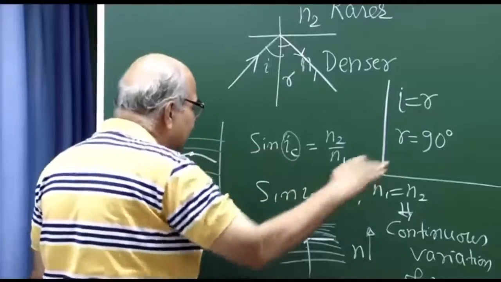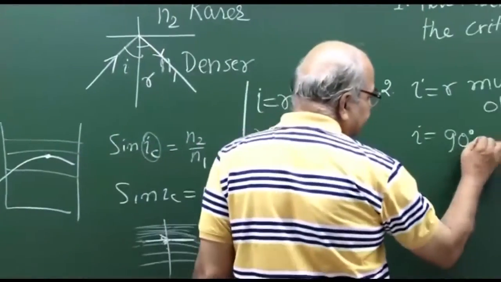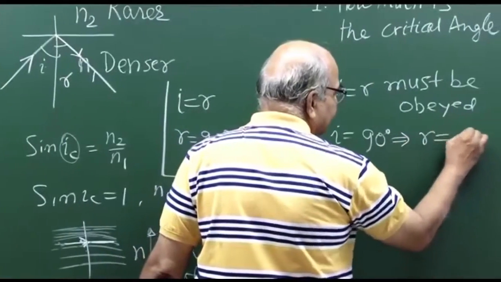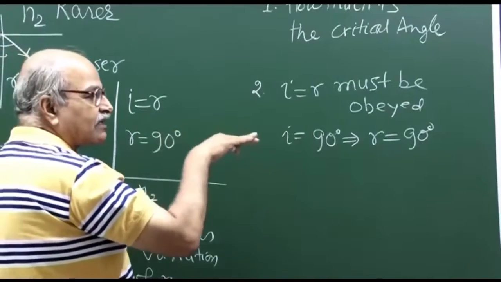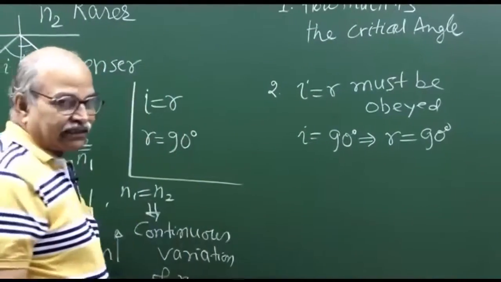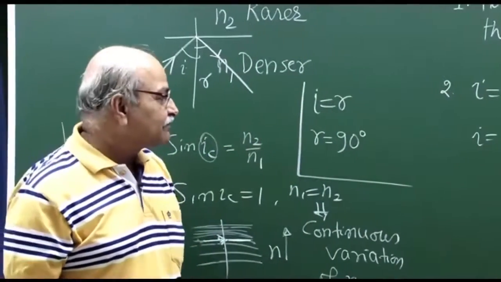It is going parallel to the layer. So if I is 90 degrees, that implies R is also 90 degrees, and that means it must proceed parallel to that layer. It should not go back. So that's another problem with reflection analysis.